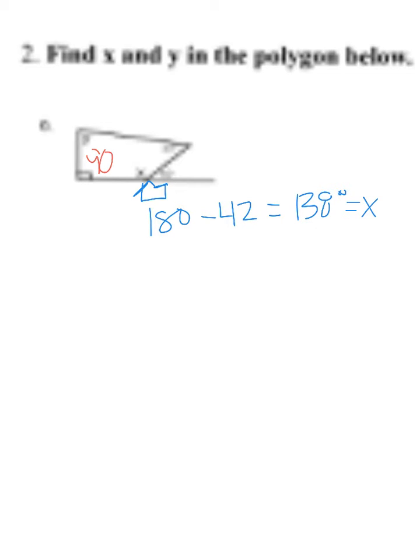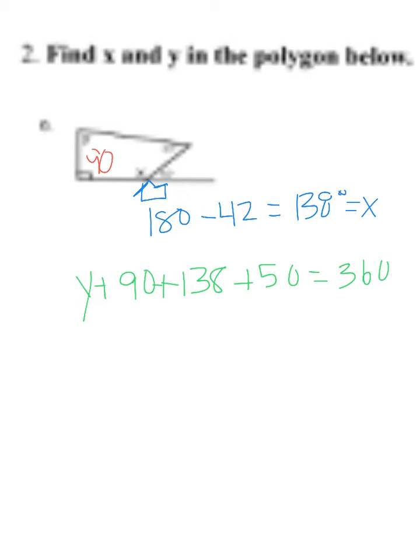Now I know that this shape is a quadrilateral. It's not regular, so they're not all equal, but I will be able to make an equation that adds in all of the interior angles. So I'm going to take the y plus the 90 plus the 138 plus the 50-degree angle up top, and I'm going to set it equal to 360.